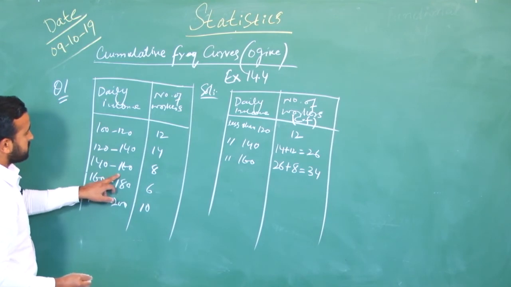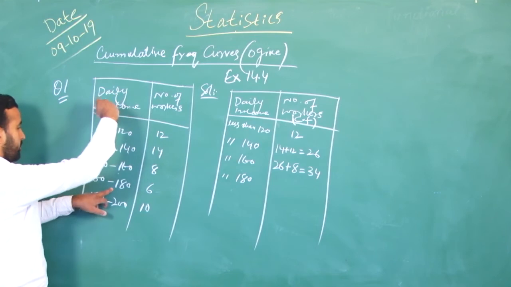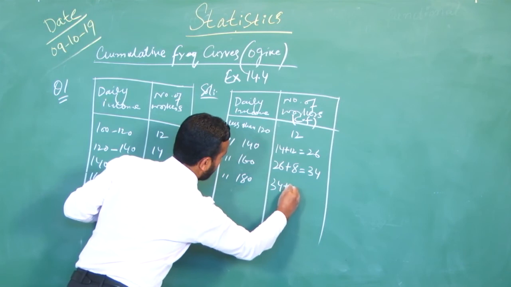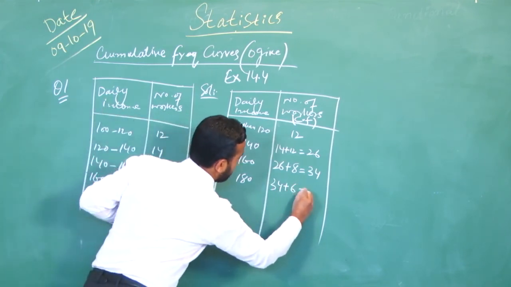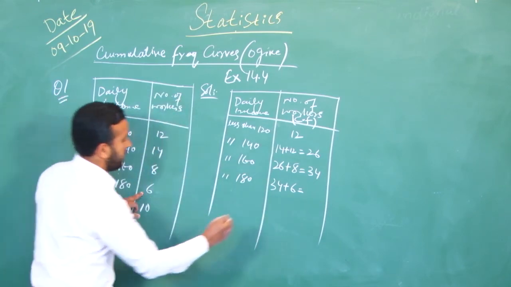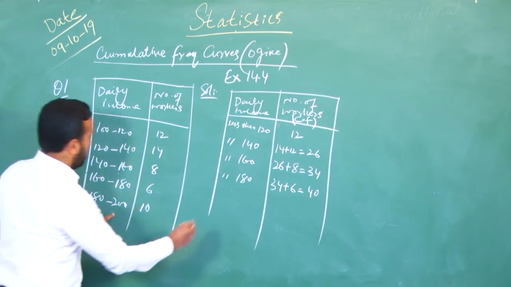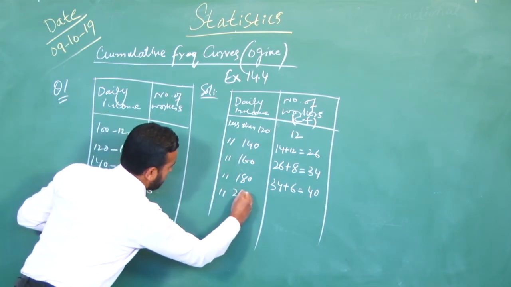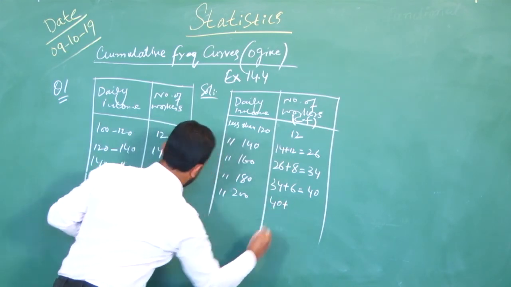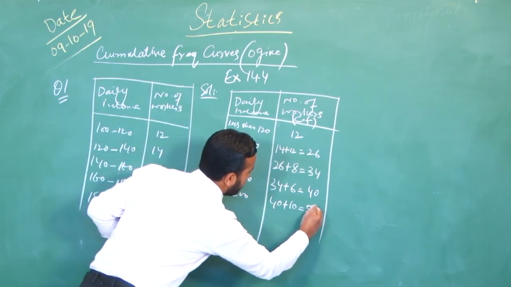Then we have less than 180, where all the previous frequencies will be added up. 34 plus 6 will give us 40. And the last one, less than 200, is 40 plus the frequency of this group, 40 plus 10, which gives us 50.